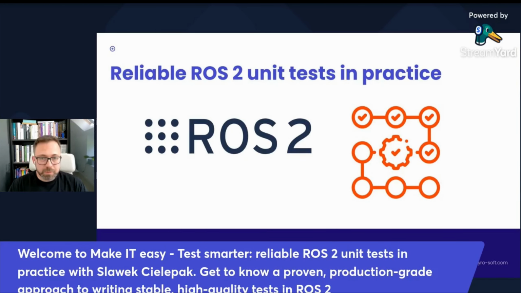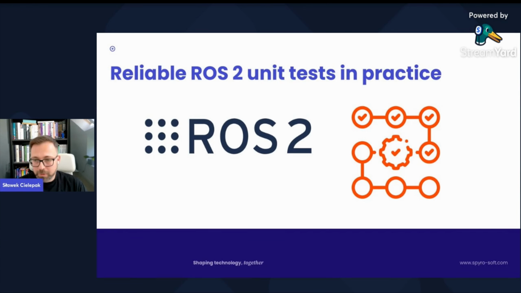I'll share some insights into common pitfalls, why traditional approaches often fall short, and finally, how our recently published framework called RTest can help you write better, more maintainable tests for your ROS2 applications.